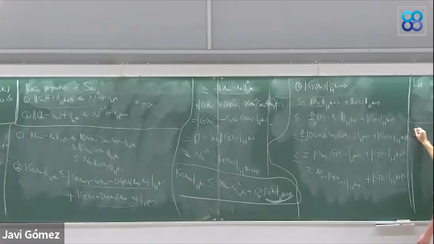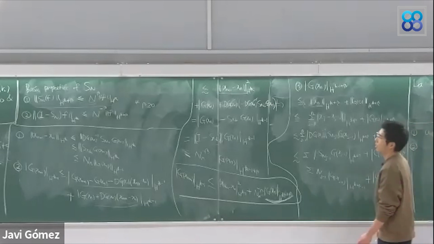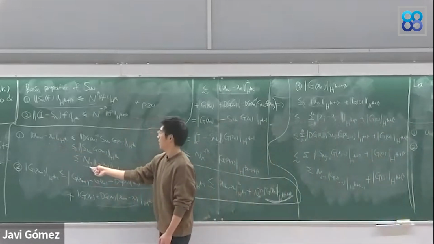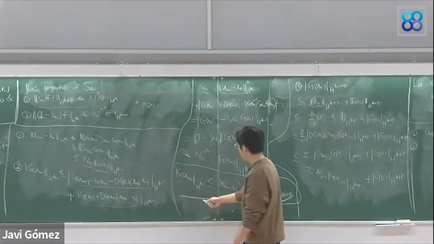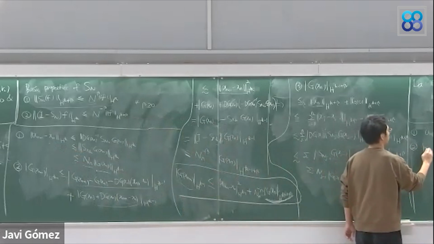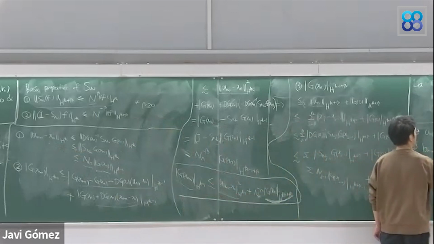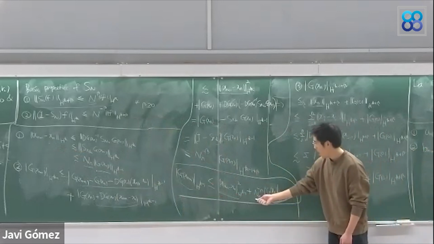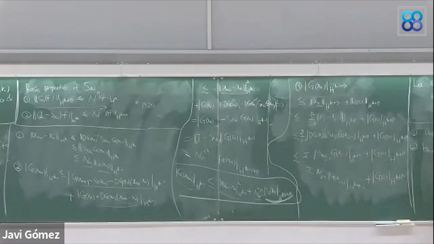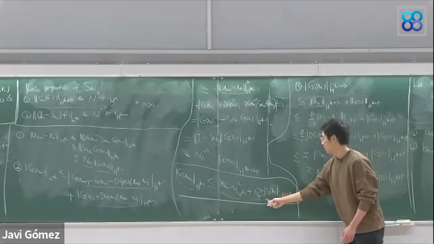So what we get from 1 is that a_n is bounded by N_n times b_n, and b_{n+1} is less than a_n squared plus N_n to the negative beta times c_n.